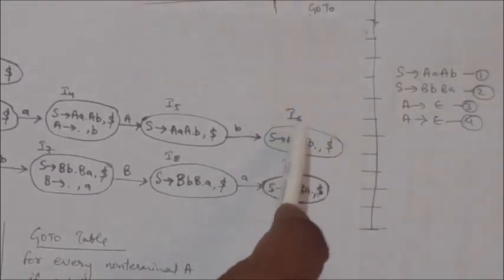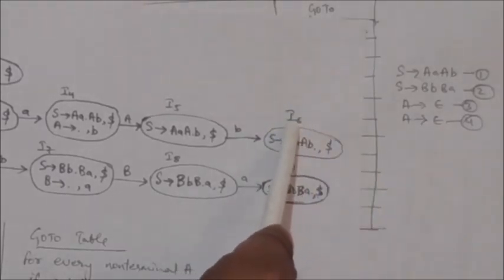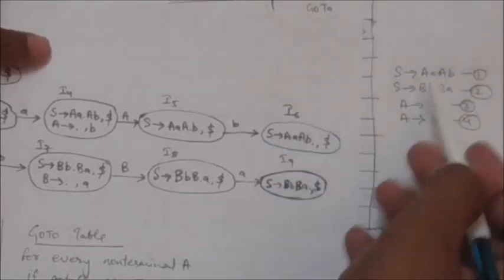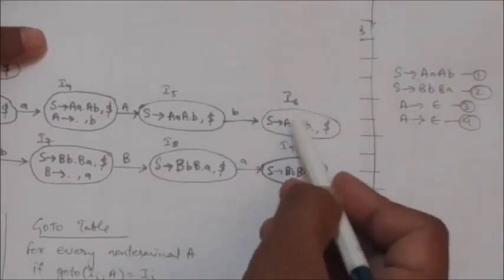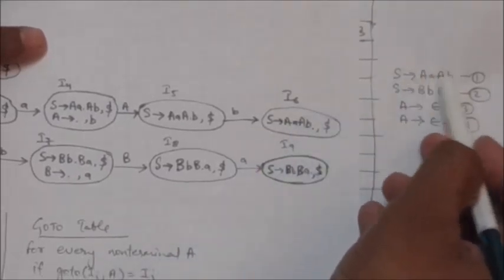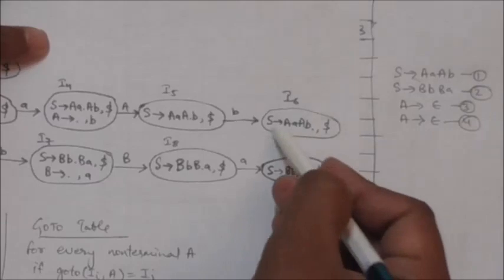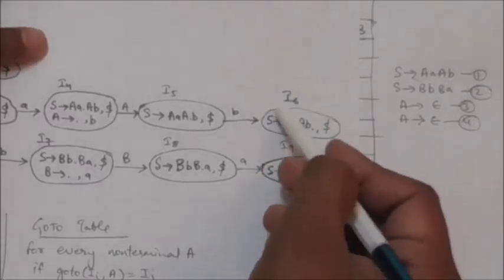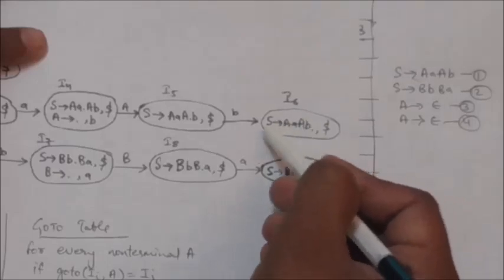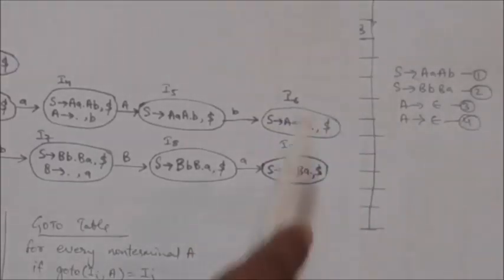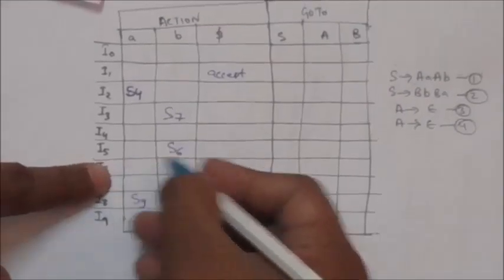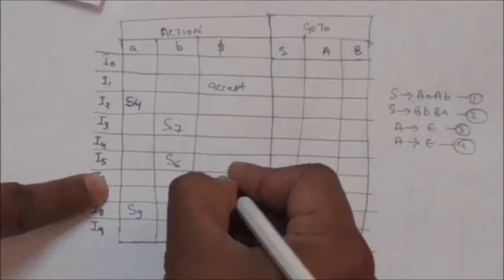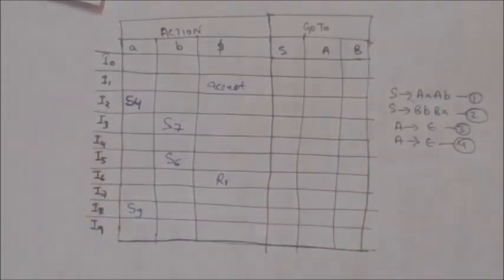So in the action table at the row labeled by I6, column labeled by dollar, I will write R1, meaning reduction by production rule number 1. In the item in state I6, the dot is at the rightmost position on the right side, so in state I6, column labeled by dollar, I will write R1.